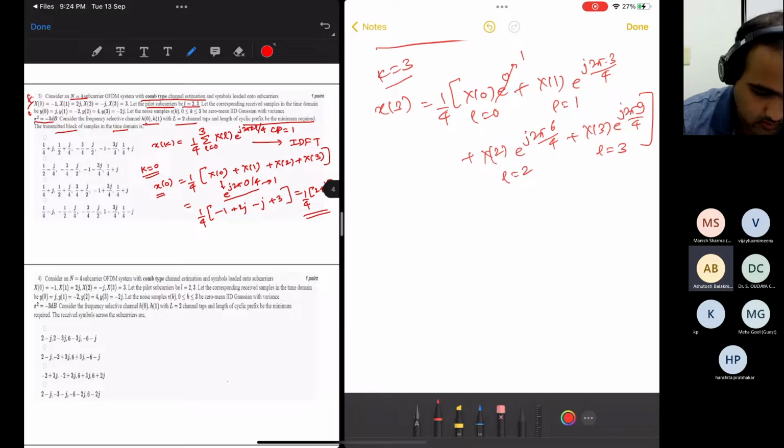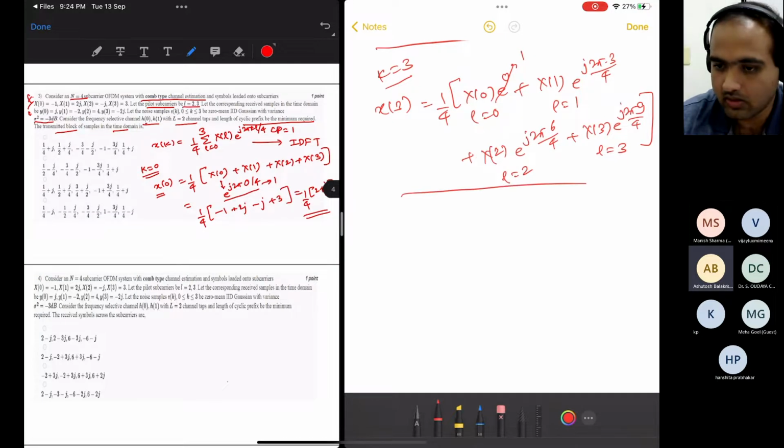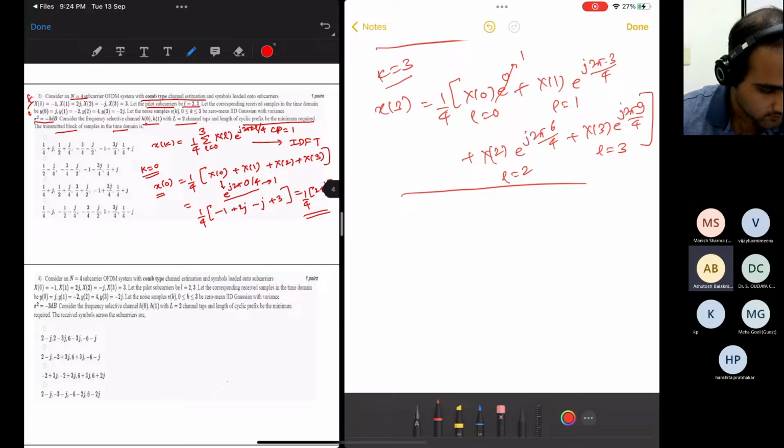So you can just solve it at your own home. Once you have written it in this step, you just need to patiently solve these angles. That's all you have to do. So I'll just write the answer.